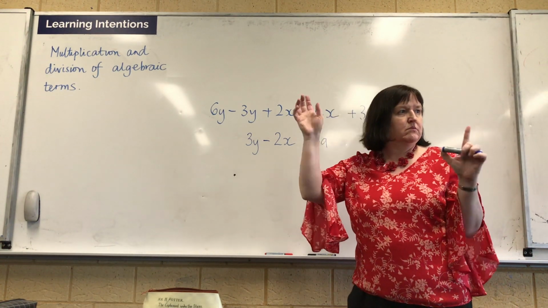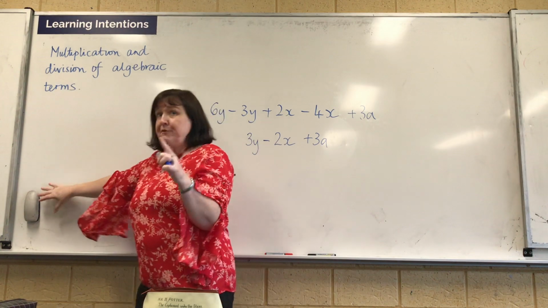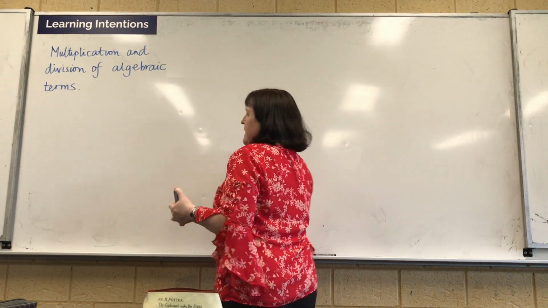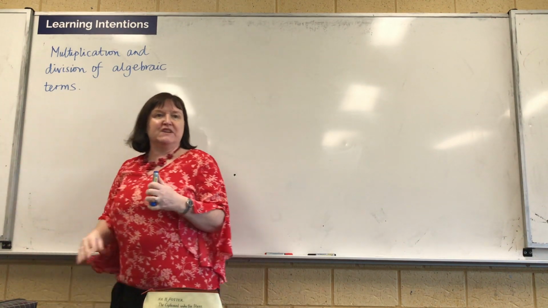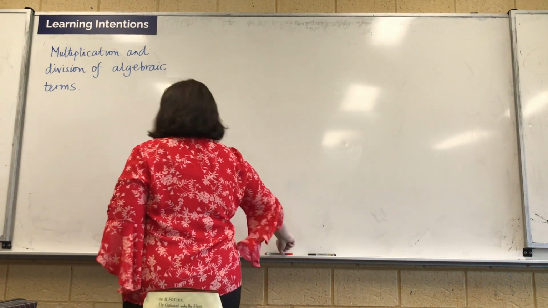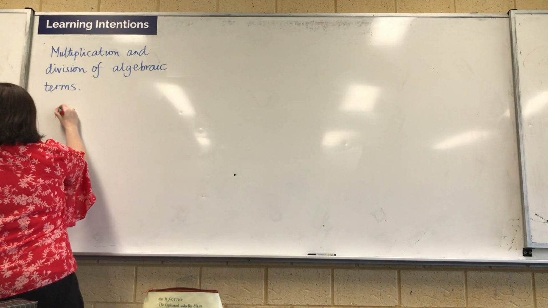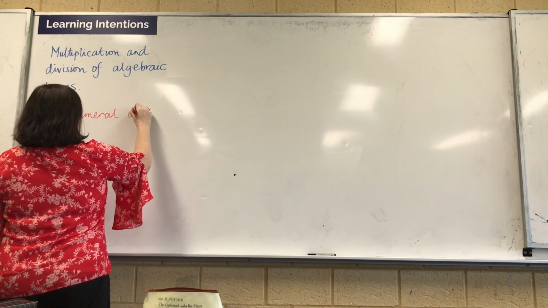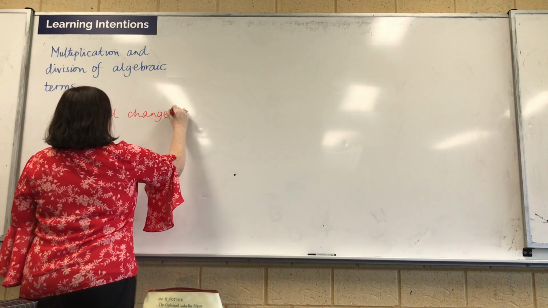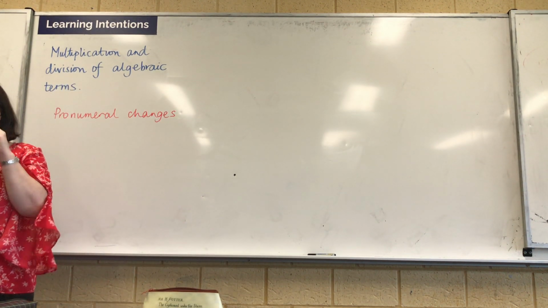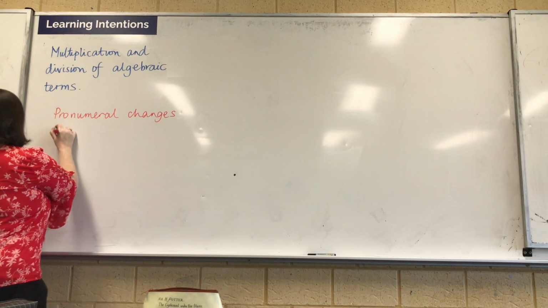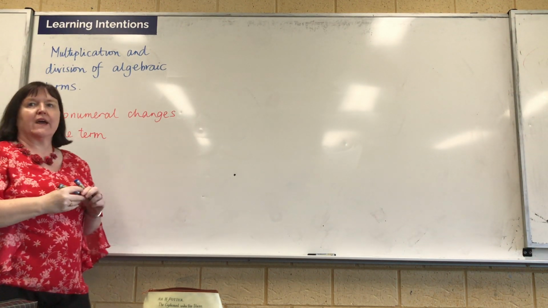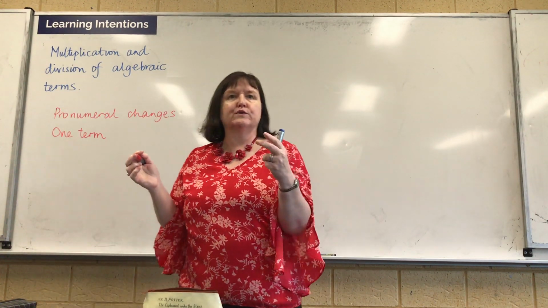Okay, everyone with me? Now, the difference between addition and subtraction and multiplication and division is that in multiplication and division, the pronumeral changes, and we also always end up with one term, unless there's a constant involved.